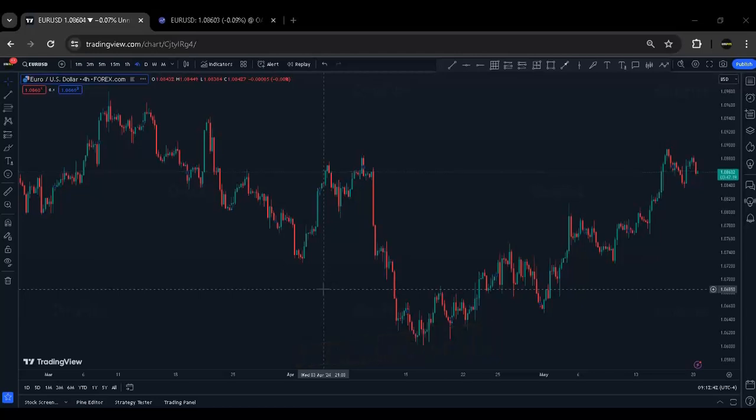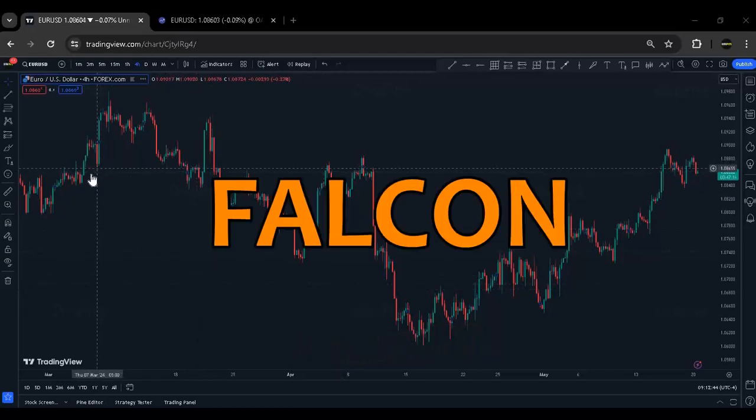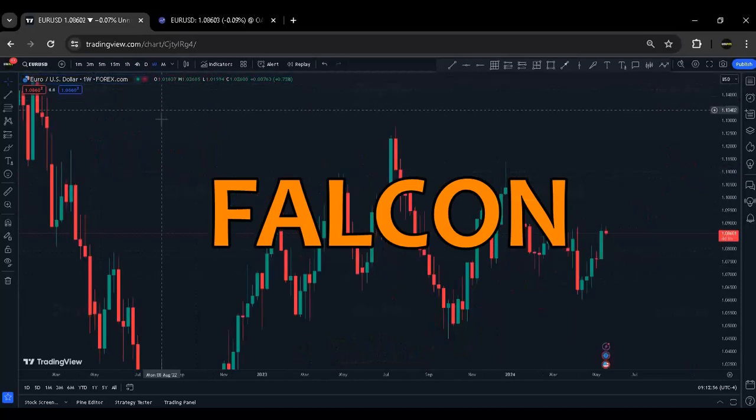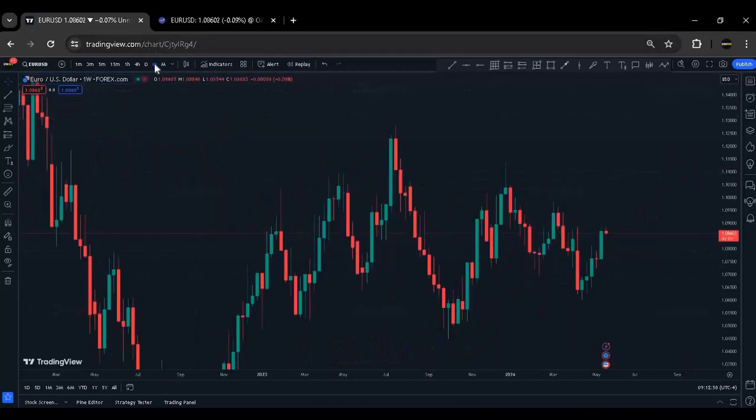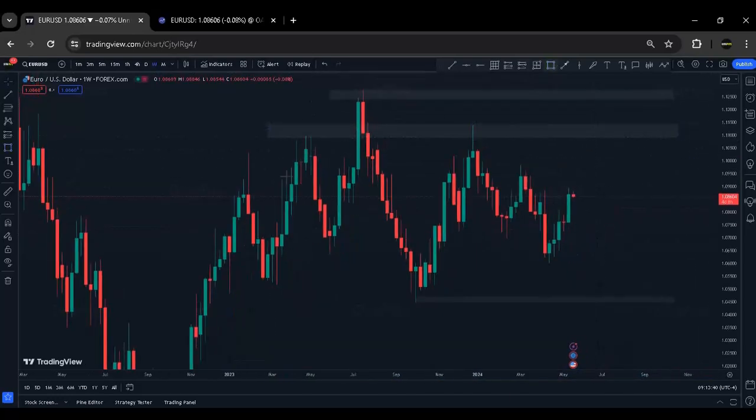The first strategy we're going to be looking at is FALCON trading strategy. And FALCON traders know that when you start analyzing on the weekly, you mark your levels of support and resistance. Whichever level looks like price reacted at, whichever level looks like had an influence on price, you mark that level.